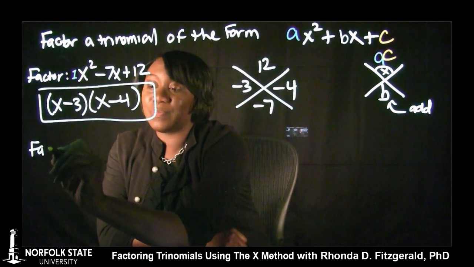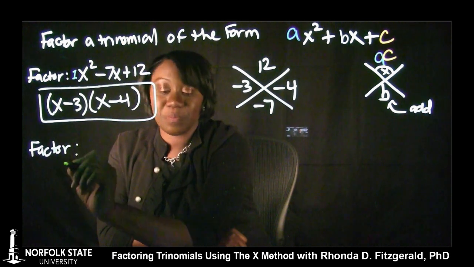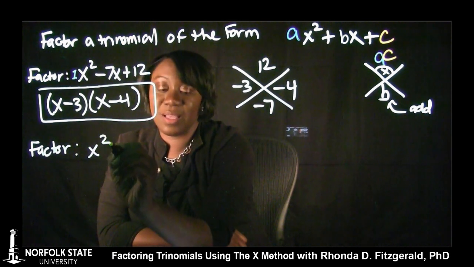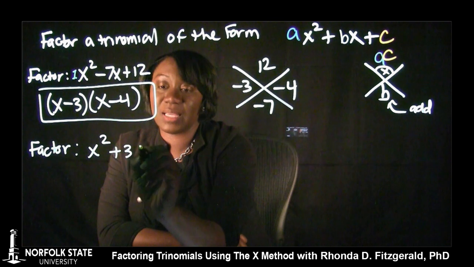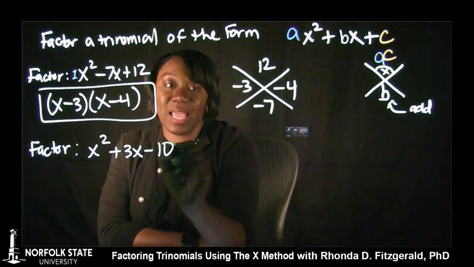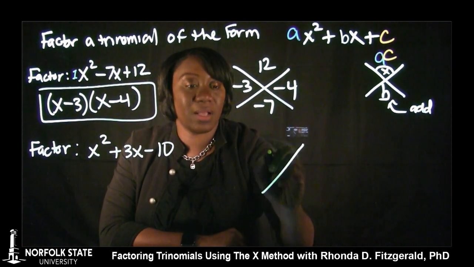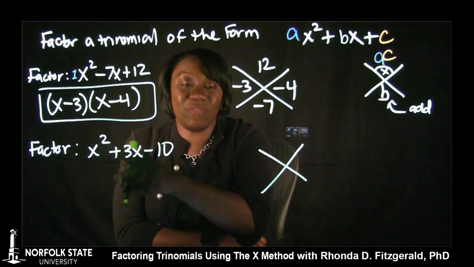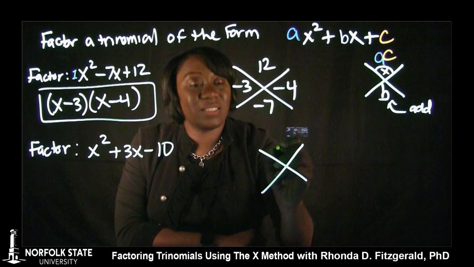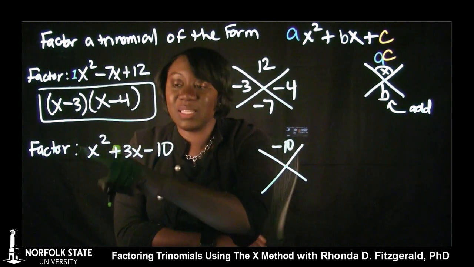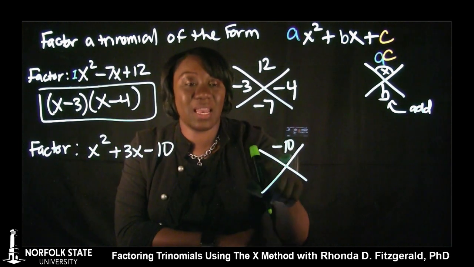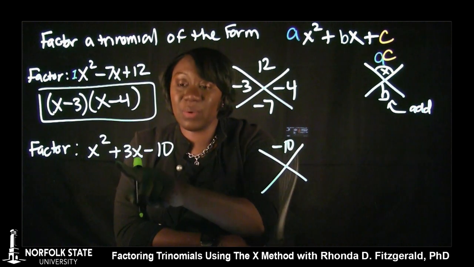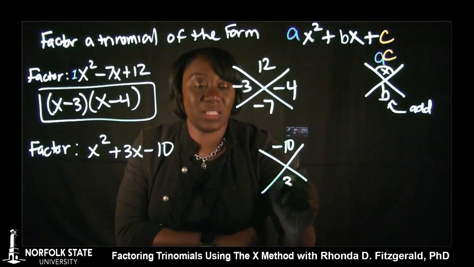Let's factor x squared plus 3x minus 10. Let's draw our x. Recall, because our leading coefficient is 1, our top number is negative 10, because 1 times negative 10 gives us negative 10. Then we bring our b term down, and that's 3.